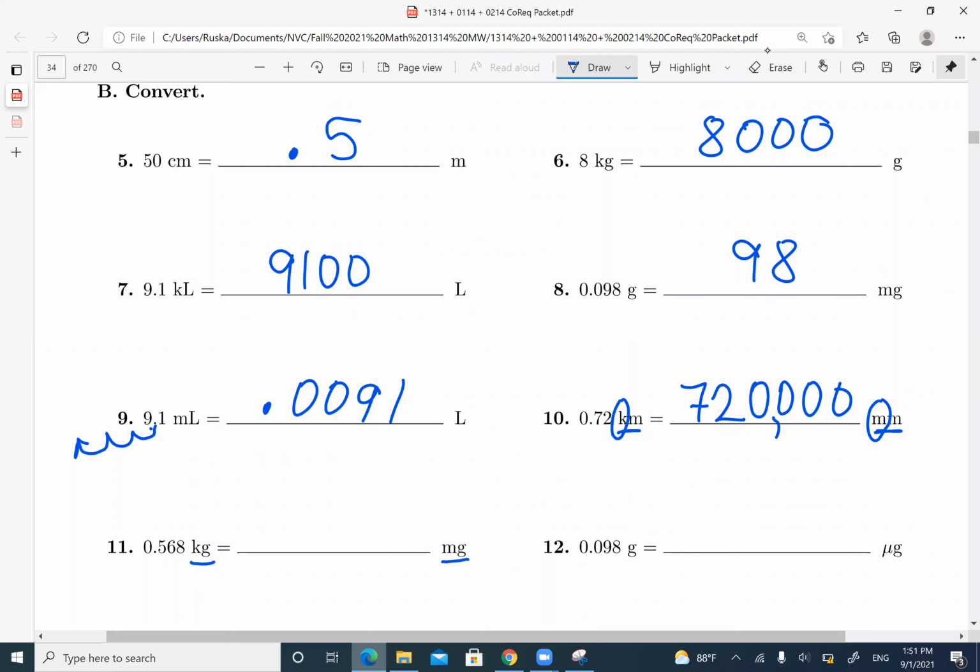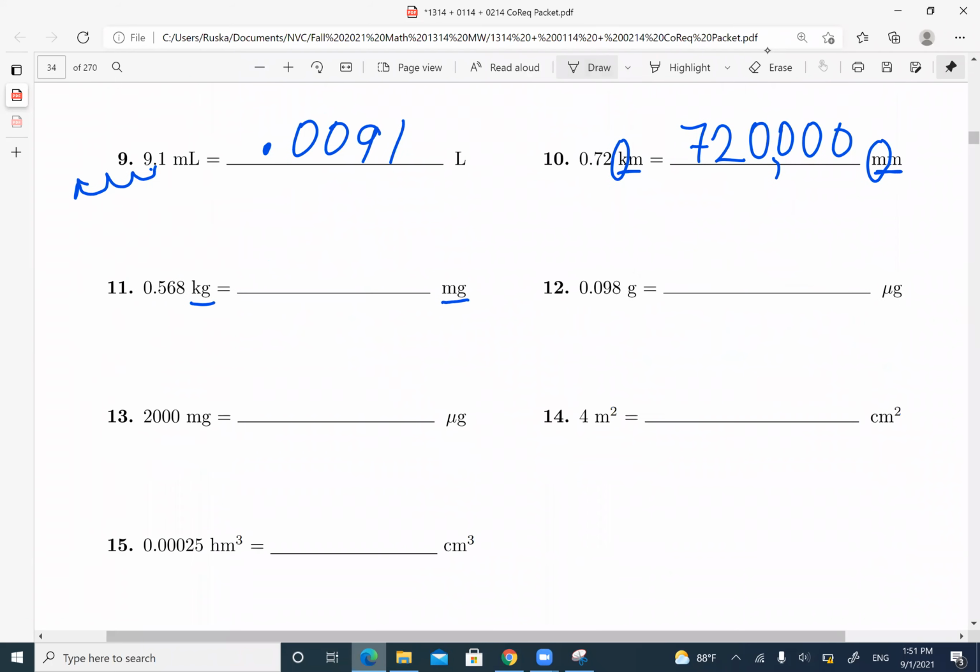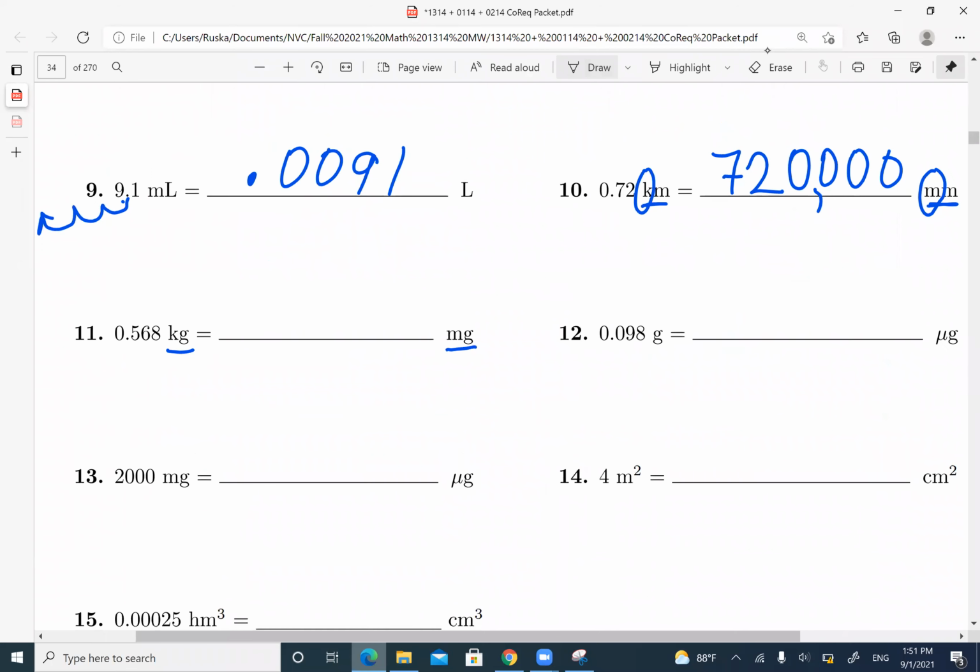So I'm still going to move 6 places, sorry. So I have 0.568. So I'm going to do 5, 6, 8. That's 3 places and 3 more zeros. So 0.568 kilograms is 568,000 milligrams.